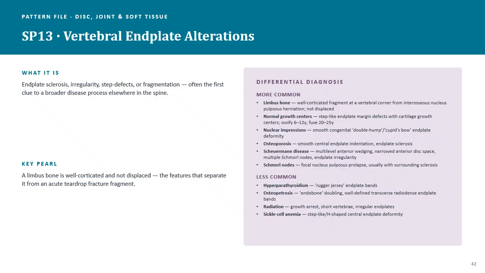Now we're moving on to vertebral end plate alteration. If you can remember, end plates are basically considered to be the top and the bottom surface of our vertebral bodies. They sit right next to that intervertebral disc or that cushion. So the main idea with the end plate here is when it starts to look what we consider abnormal.